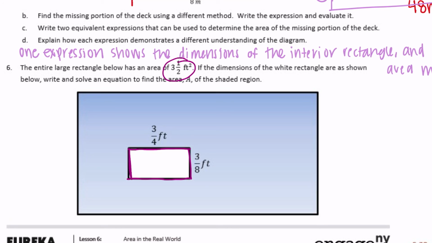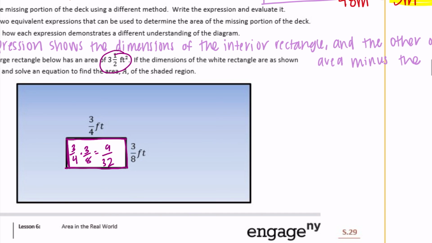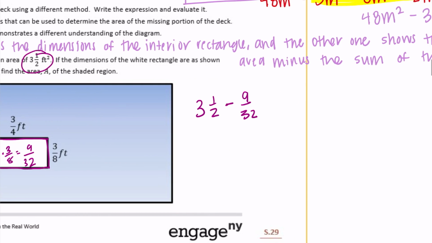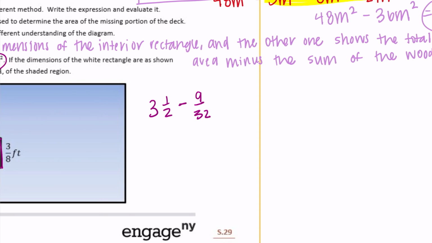So 3/4 times 3/8 would give us 9/32, because 4 times 8 is 32. So now we just need to take that 9/32 and take it away from the entire large rectangle. So 3.5 minus 9/32. So now it's just a fraction subtraction problem. So let's find a common denominator.